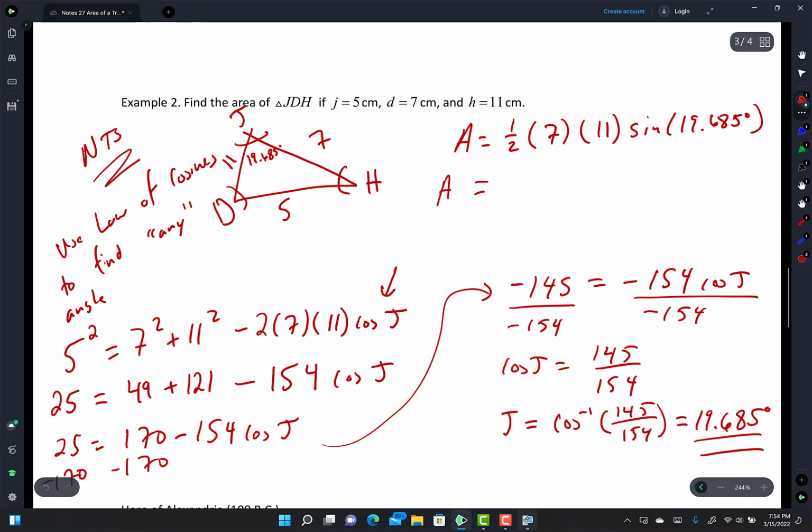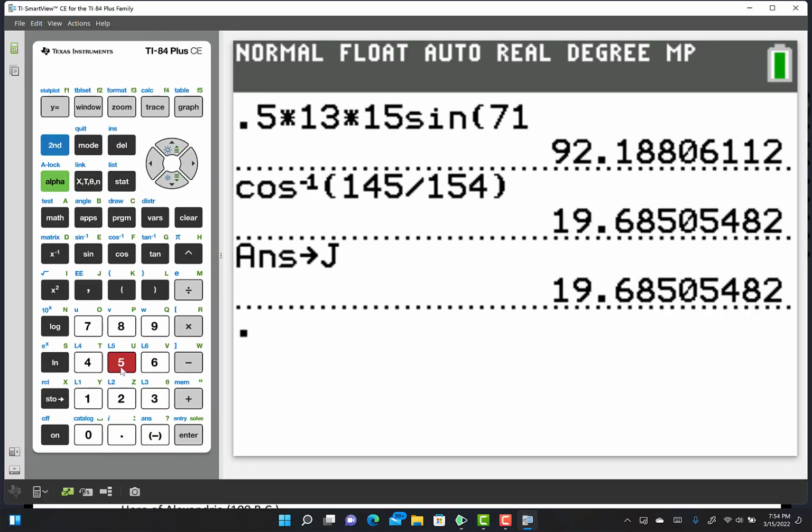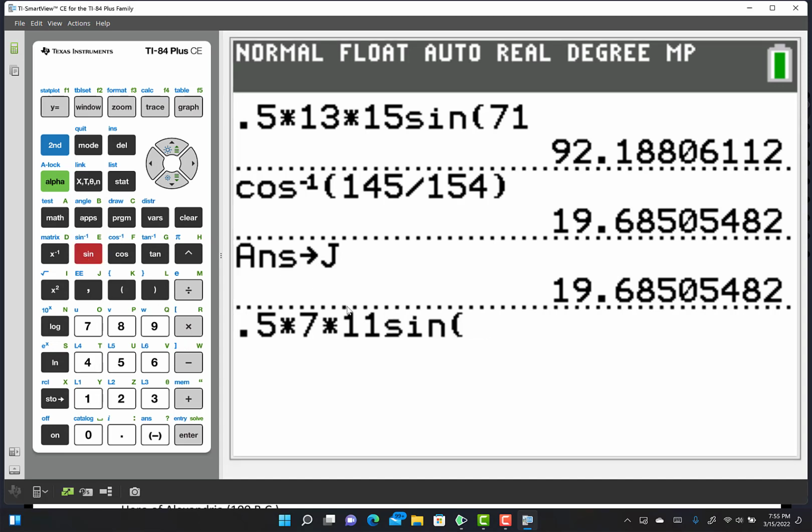So I'm going to go 0.5 times 7 times 11. If you want to put the times, you can, but the calculator is smart enough to know that it's a multiple. 11 times sine of angle j. And I'm going to push enter.